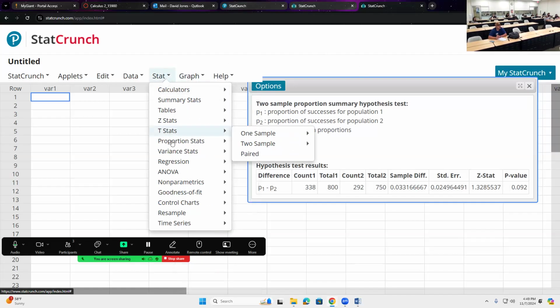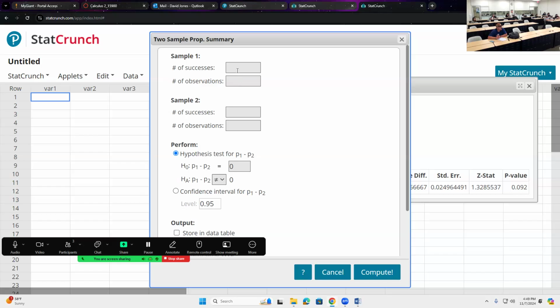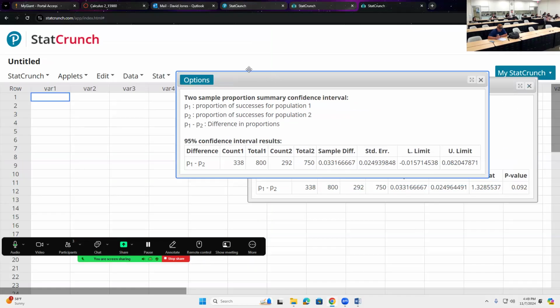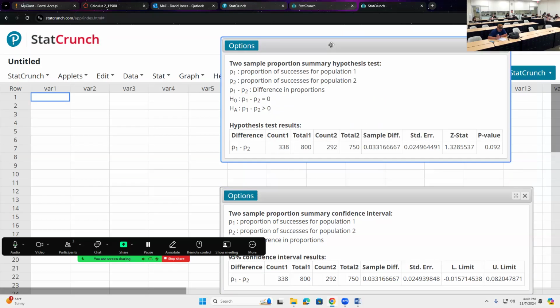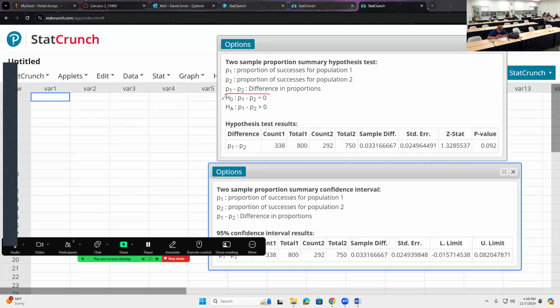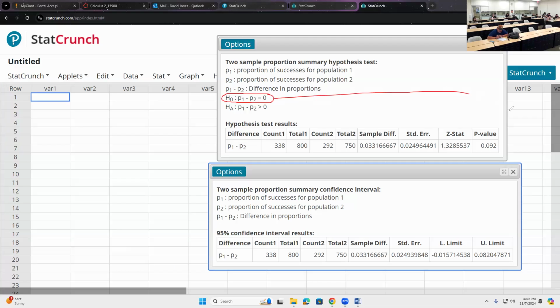While I'm doing this, before I switch back, I'm going to show you the confidence interval version of this. Alpha was 5% and the greater than means we can leave it as 95%. And we have this. The confidence interval is this. What we're doing is asking, does this value right here reside in between these two?